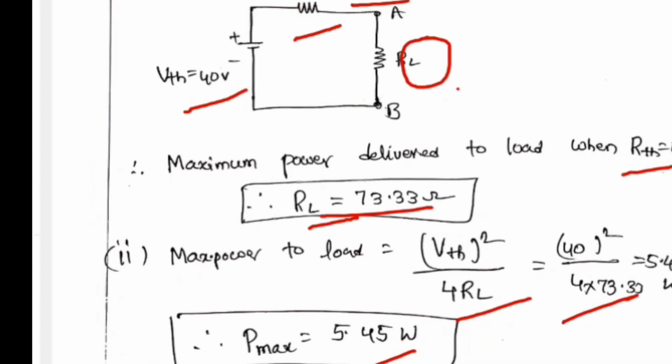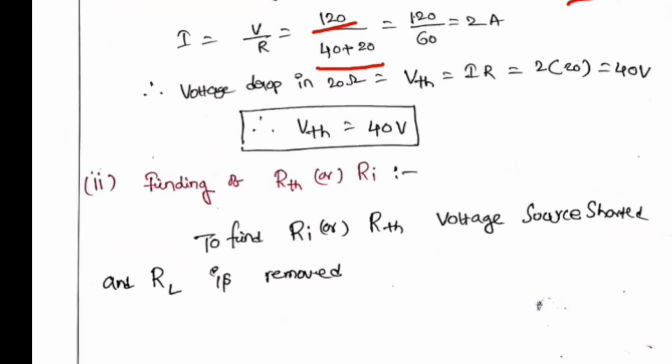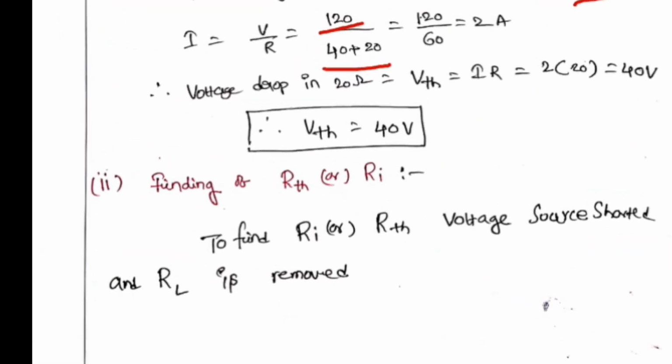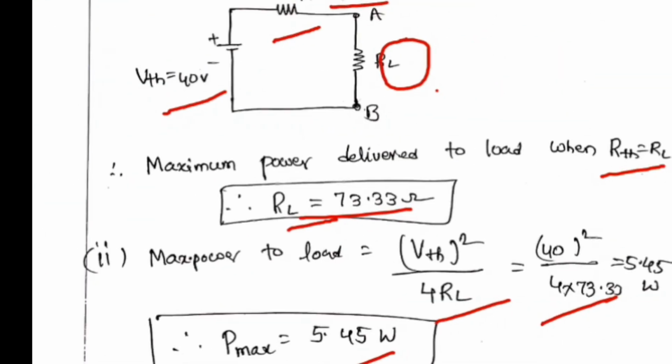How to solve this problem? First we consider Thevenin's theorem. By Thevenin's theorem we find V Thevenin, which can be found by open circuiting the load resistance. We calculated V Thevenin as 40 volts. After that we calculated Thevenin's resistance as 73.3 ohm, and represented that in the circuit.